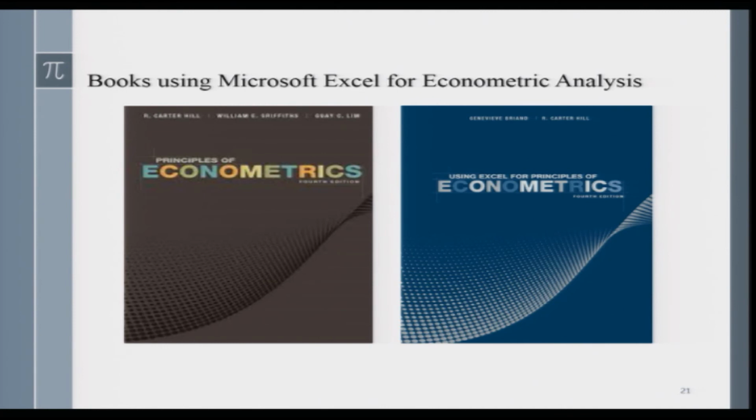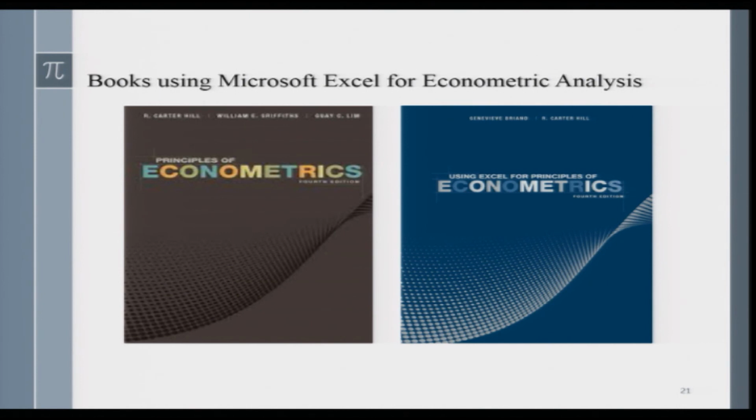There is an excellent textbook written by R. Carter Hill, William Griffiths and Guay Lim, and the title of the book is Principles of Econometrics. That is a typical undergraduate econometrics textbook, but for that book there is an Excel companion, developed by G. Briand and R. Carter Hill.